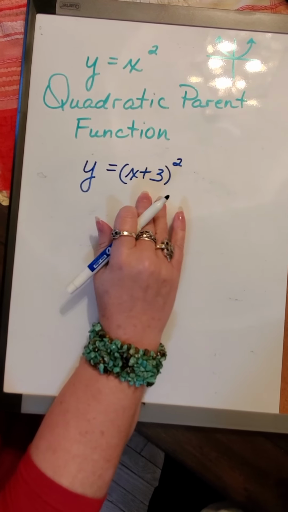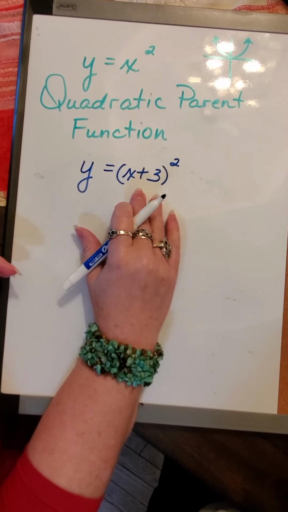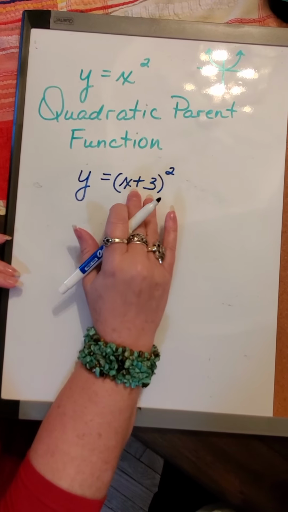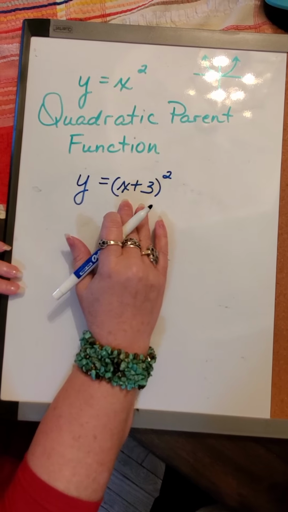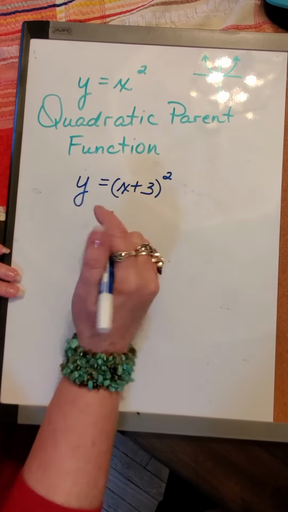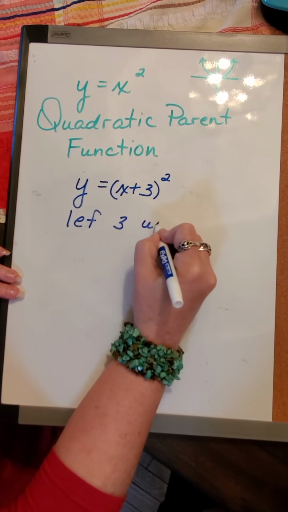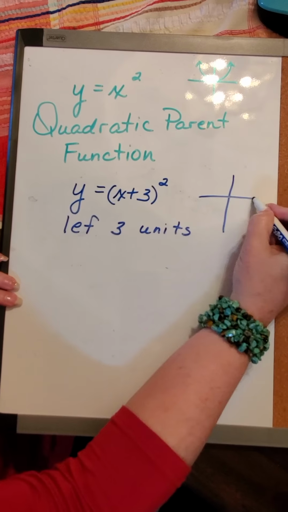Now, if I looked at that before I knew much about quadratics, I would think that's going to shift it 3 units to the right. But it shifts it the opposite of what you would think. Okay, and I always tell everybody your x is a liar. So if it says plus 3, it's going to go left 3 units. So here's your graph.